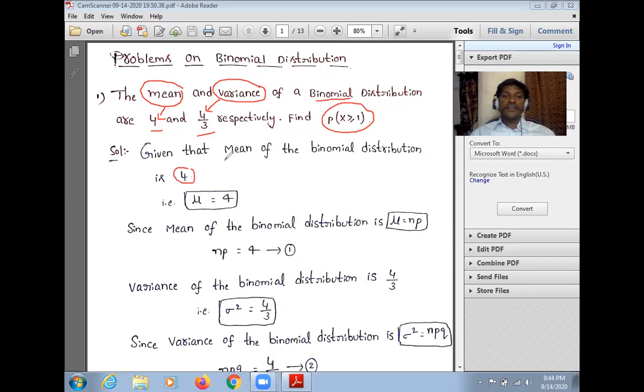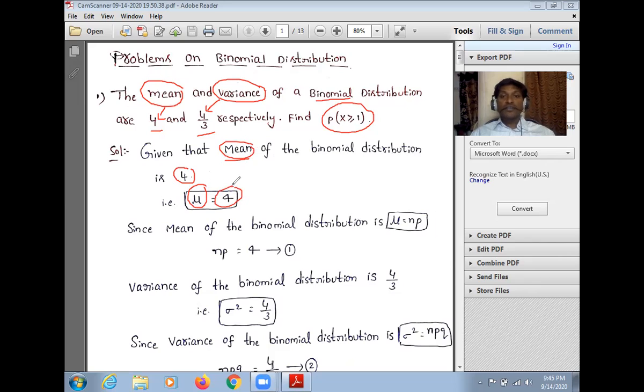Here we represent the mean as mu, so mu is equal to 4. We wrote it in words and gave the symbolic notation in place of mean. This is the given information in the problem.